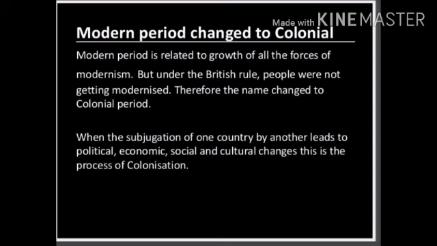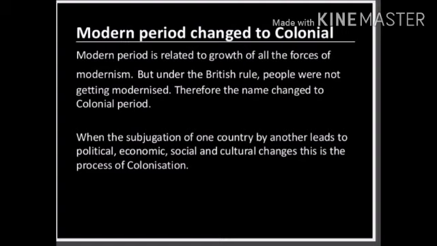Modern period changed into colonial. Colonial means when a country rules over another country and takes over everything in its own way.